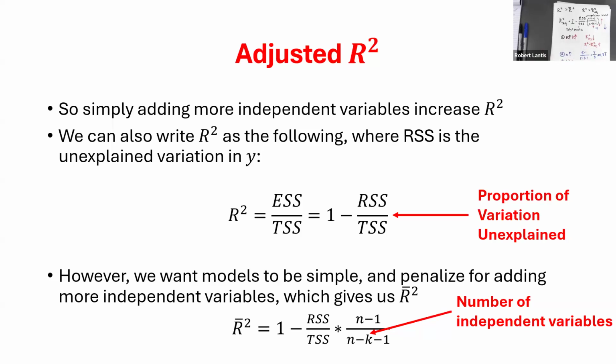Well, that would mean I can't explain anything. But if I want to include all 50 variables, what can I try to do? Get really large sample sizes, right? I know that's going to have the opposite effect. So even if I want to include a lot of variables on the right-hand side to try to predict y, one way I can do that is get really large data sets, right? And that way I know that my R squared value is going to be closer and closer to that.